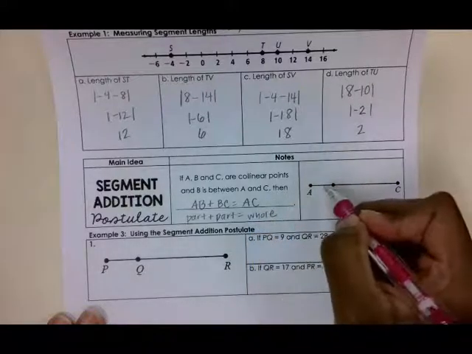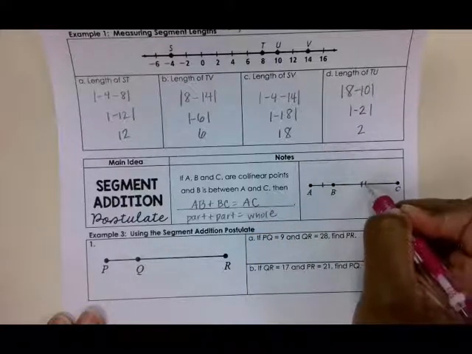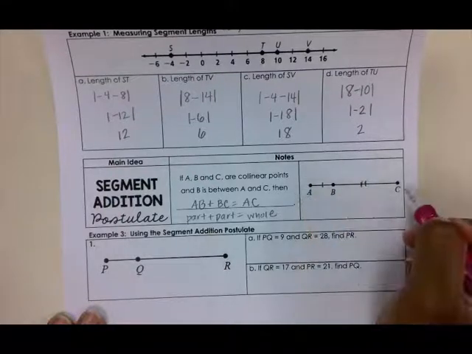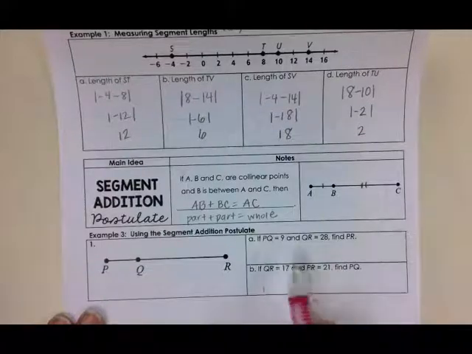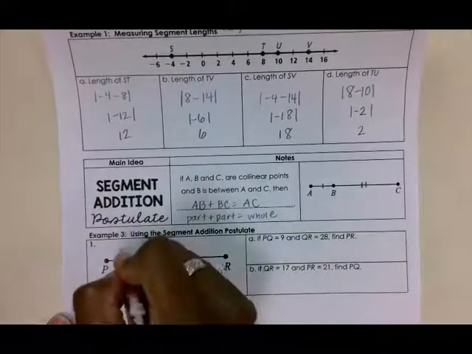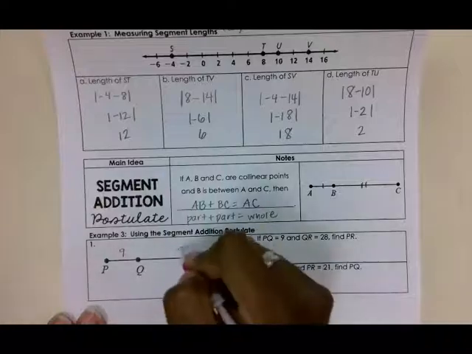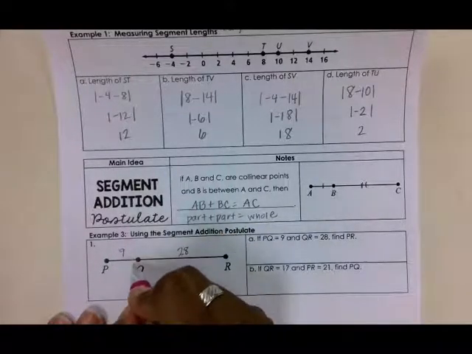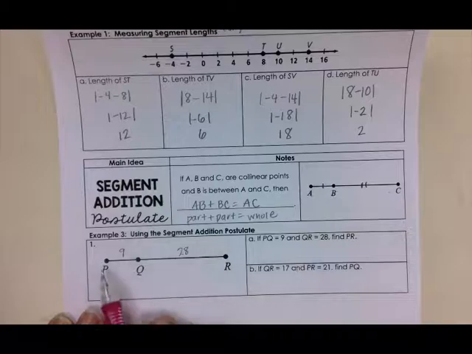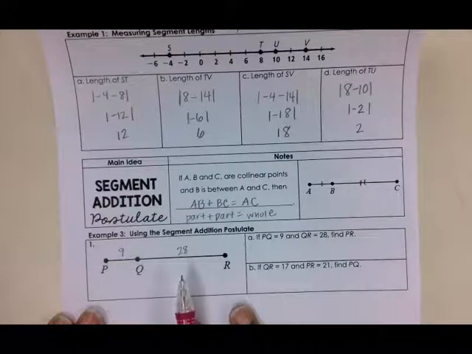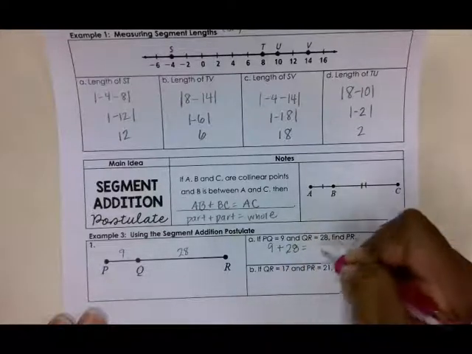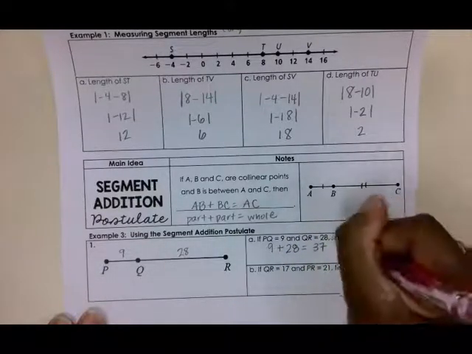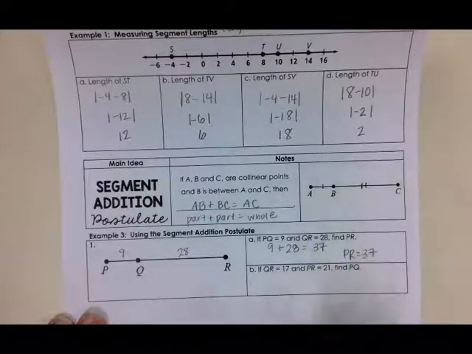Part 1 plus part 2 equals the whole thing. So, we're going to use the segment addition postulate. This says if PQ is 9 and QR is 28, I've labeled 9 for PQ and 28 for QR, I want to find the whole thing. So I know that part plus part equals whole. So PR is 37.